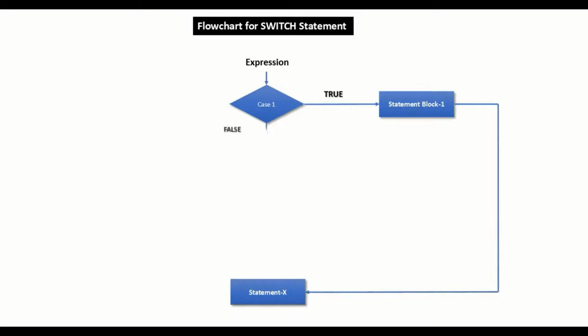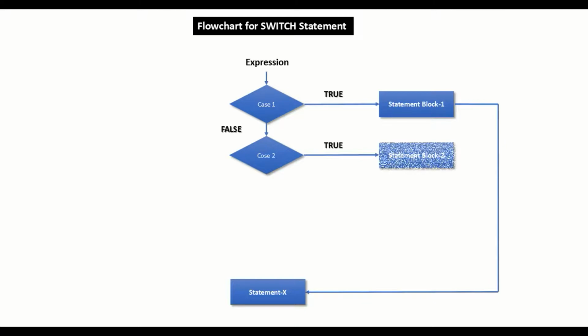If it is not matched, it will look for case 2. If a match is found, statement block associated with case 2 will be executed followed by statement X. And if it is not matched, then one by one all the case values will be checked for matching.